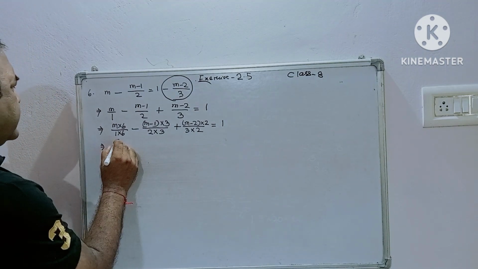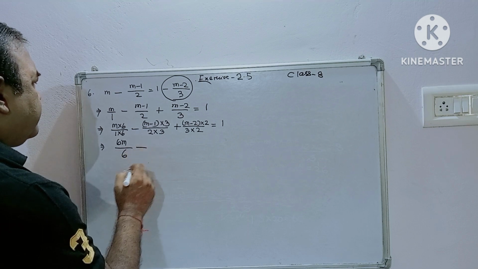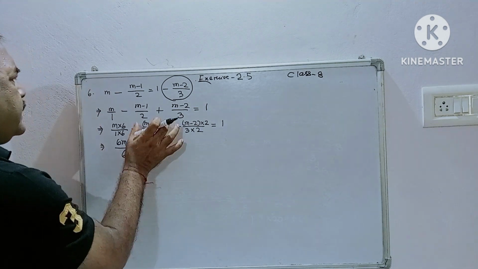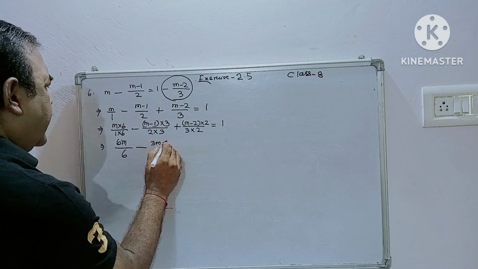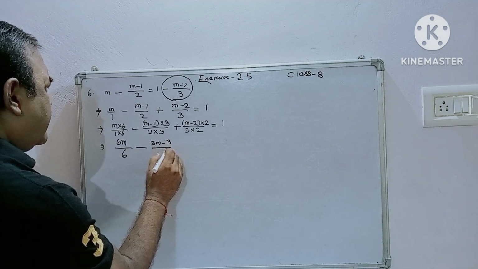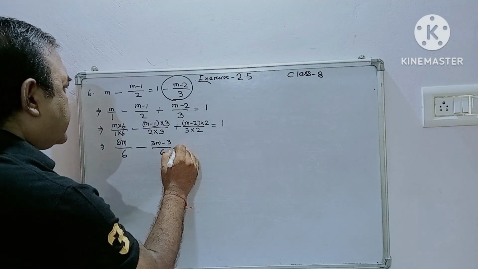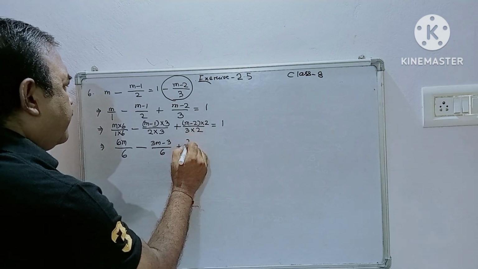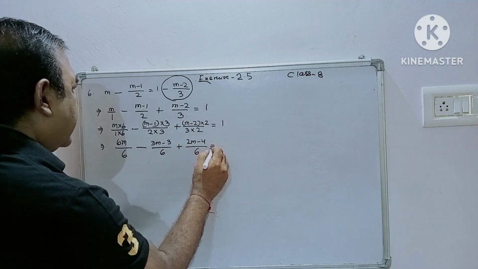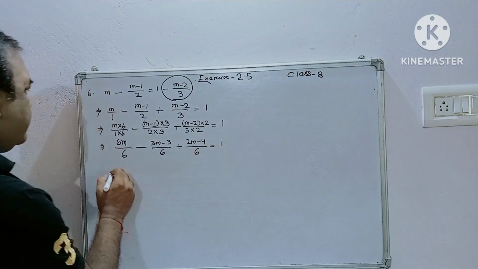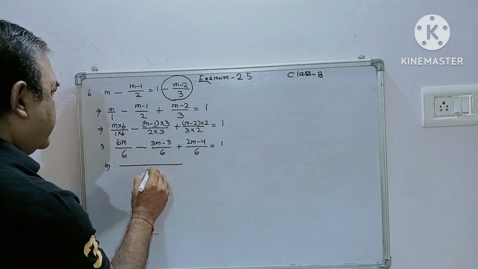So that implies 6m upon 6 minus, you just release the bracket, (3m minus 3) upon 6 plus (2m minus 4) upon 6, that is equal to 1. That implies, you take the common denominator 6 here.